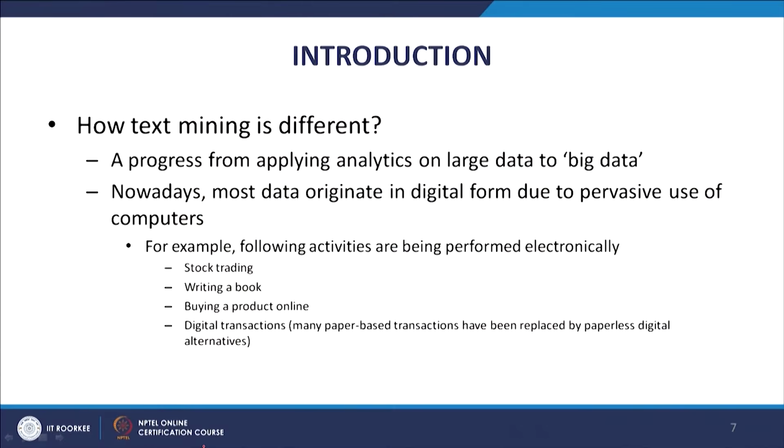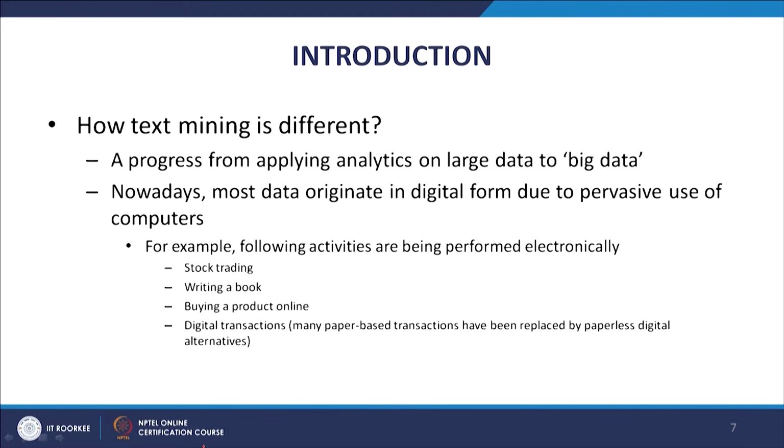So a few points about big data, the amount of data that we have to deal with nowadays. Most data originate in digital form due to pervasive use of computers. A few examples are given here. Following activities are being performed electronically: stock trading. Earlier, in the traditional way, we used to call agents, and they used to help us and do the paperwork for us.